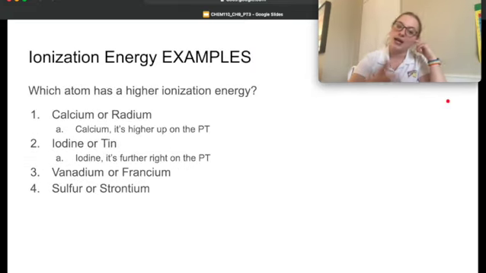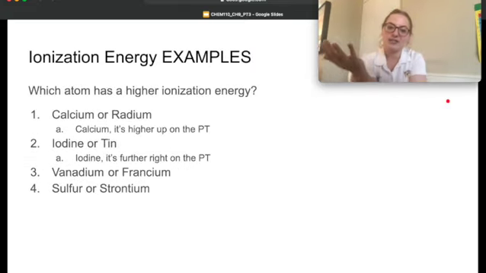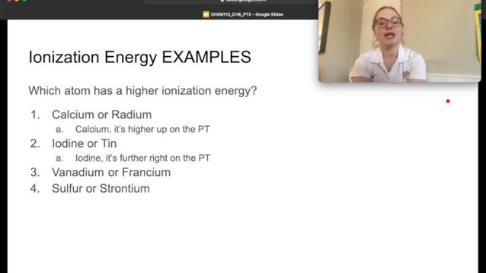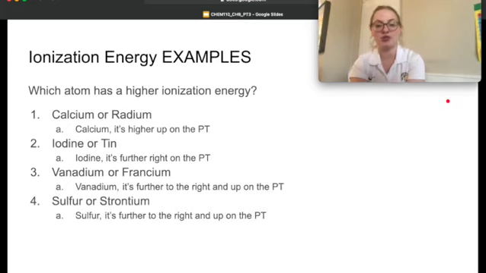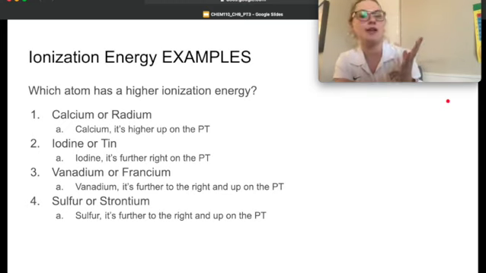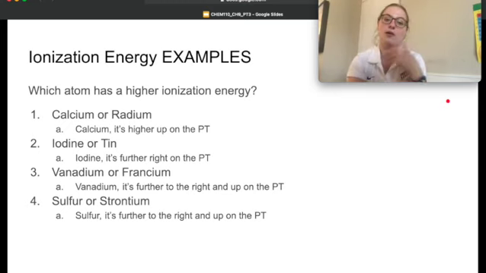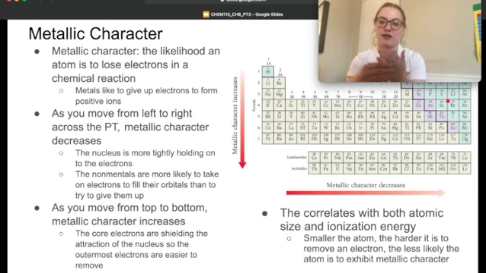So iodine has the higher ionization energy because it's further right on the periodic table. Okay? So again, I'm going to leave you with vanadium and francium, sulfur and strontium so that you can check that out and quiz yourself and make sure you understand that, okay?